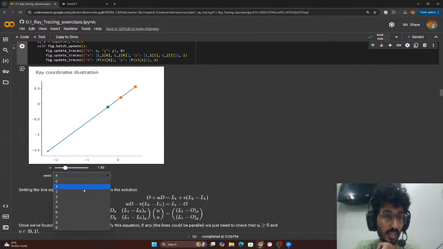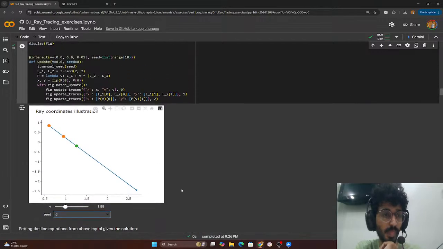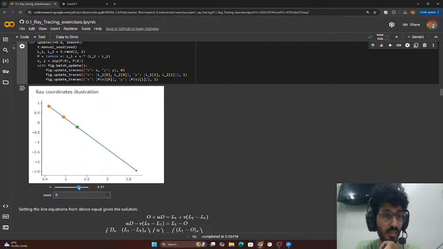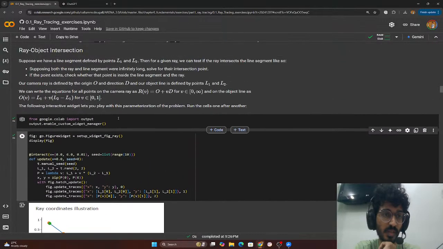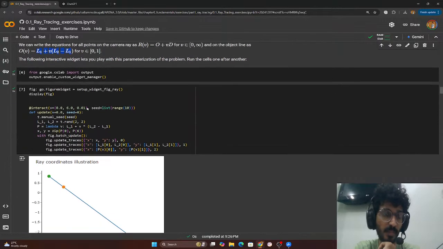What I don't understand is, okay, this is the line segment defined by L1 and L2, and the green dot basically tells you, for different values of v, where the orange points are L1 and L2, and the green point is basically telling you where all the set of points generated by this parameterization lie.